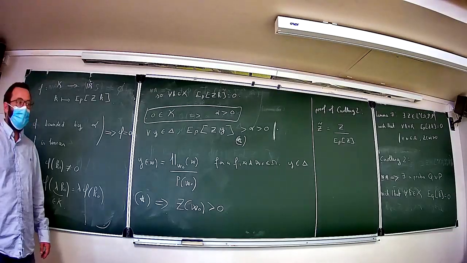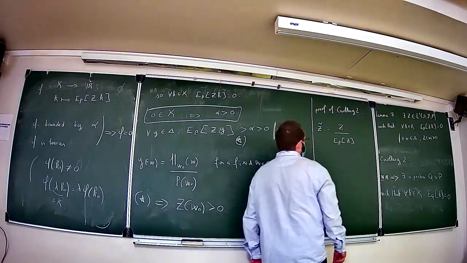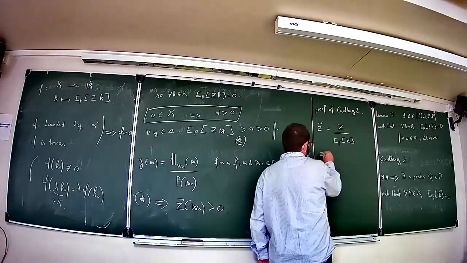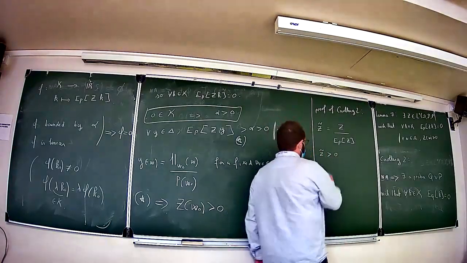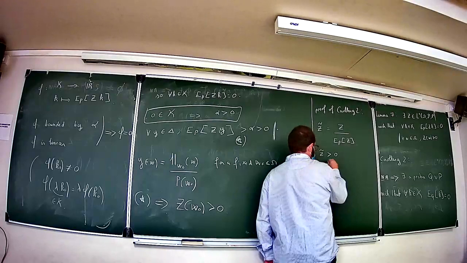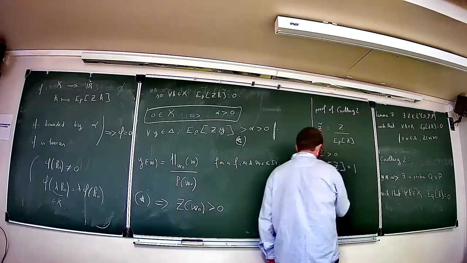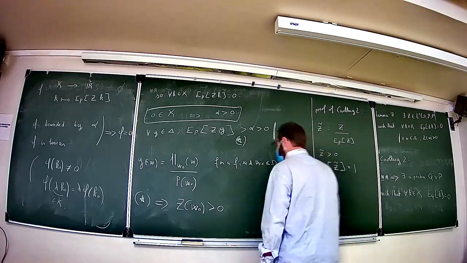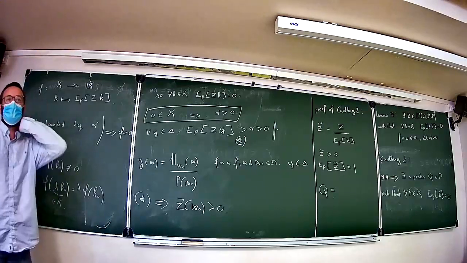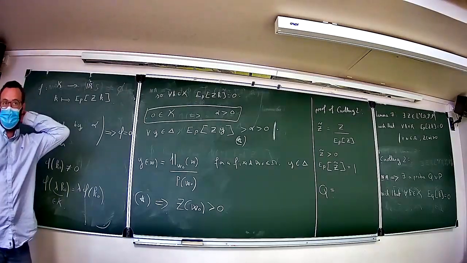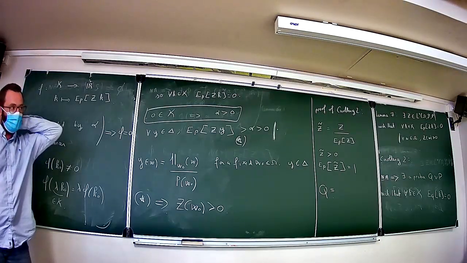Okay? So what I have here for this one? I have that Z tilde is always strictly positive. That of course the expectation under P of Z tilde is equal to 1. So what is the definition of Q I can give?